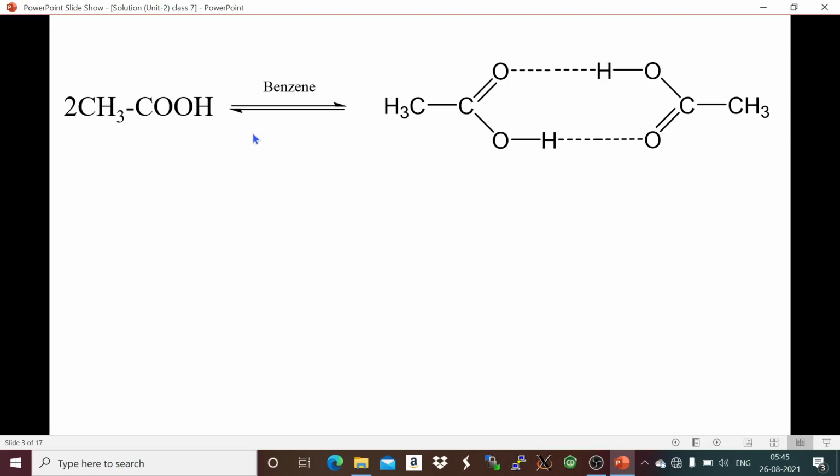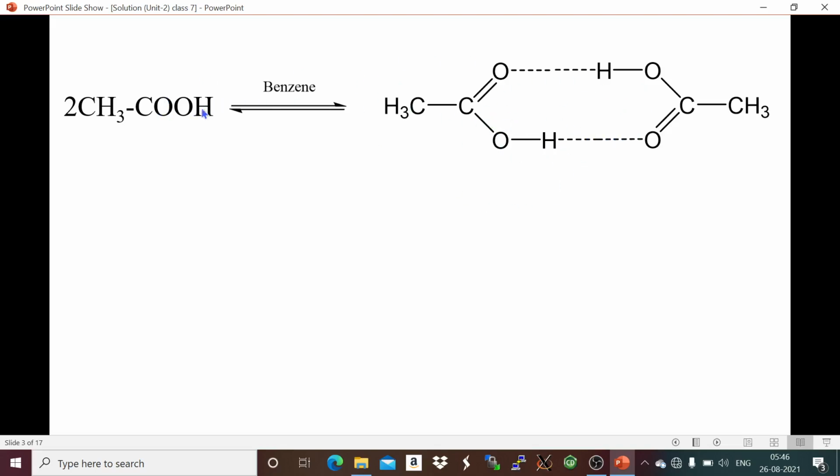Two molecules of acetic acid are associated and bonded through this hydrogen bonding, and dimerization takes place. Two acetic acid molecules combine to form a dimer. So experimentally, in solution, the molar mass of acetic acid becomes exactly double.